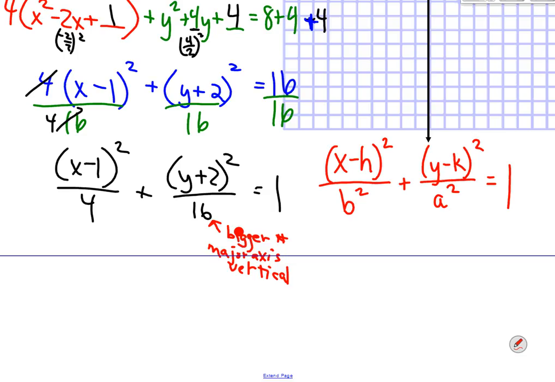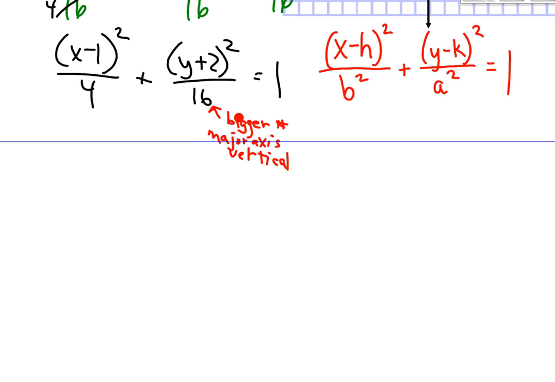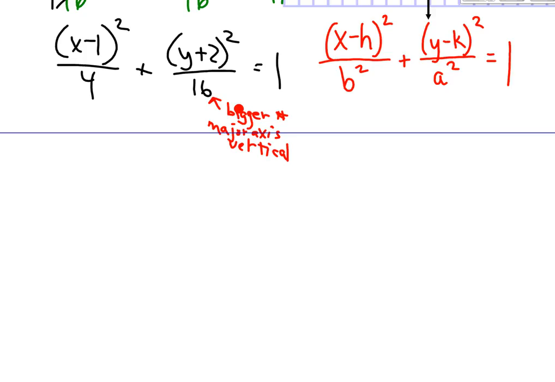So the little trickiness is that the a and b switch spots because a is where the bigger number is, and that also means that it's going to be a vertical transition as we go. So now we'll find all the parts.